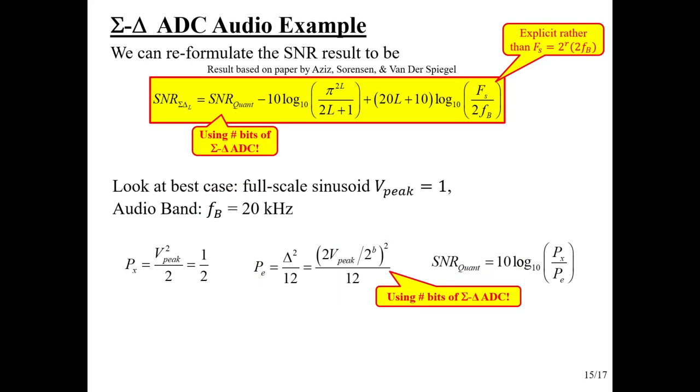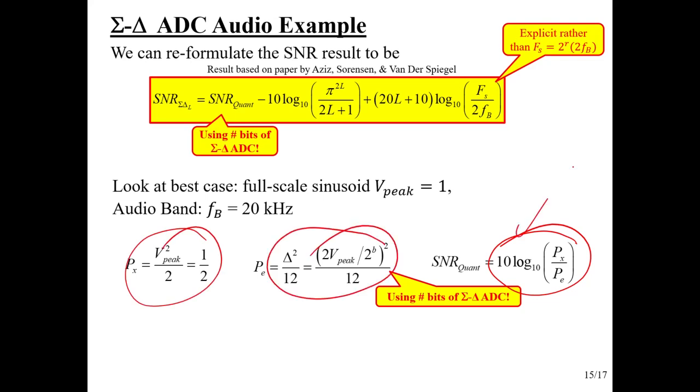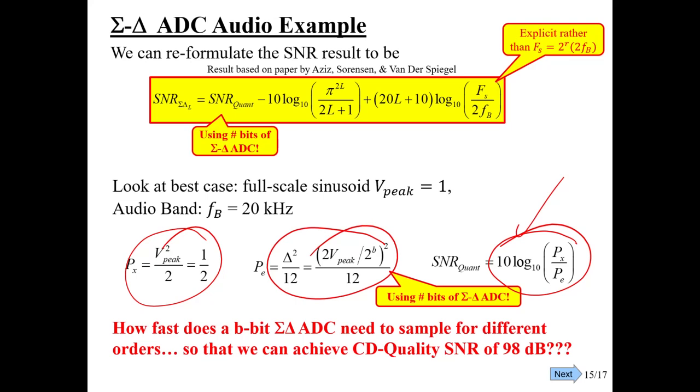So our SNR quantization would be found just by looking at this power divided by this power and taking 10 log 10. Now, the question is, how fast do we need a B-bit sigma delta A to D converter to run at for different orders to achieve CD quality SNRs, 98 dB?